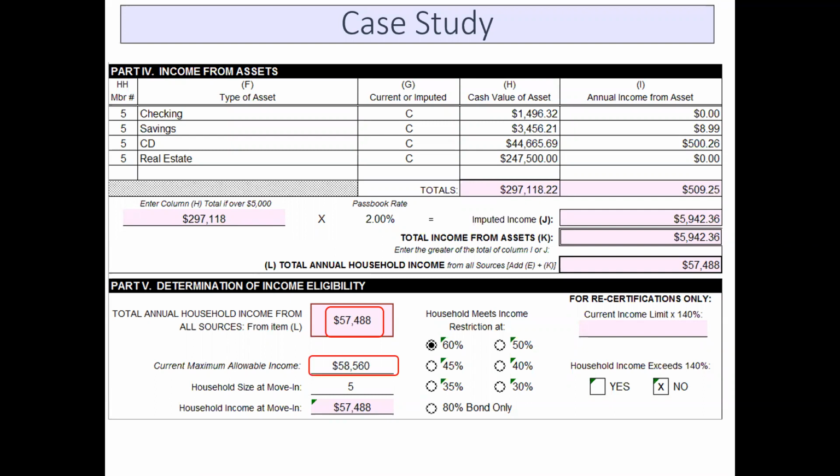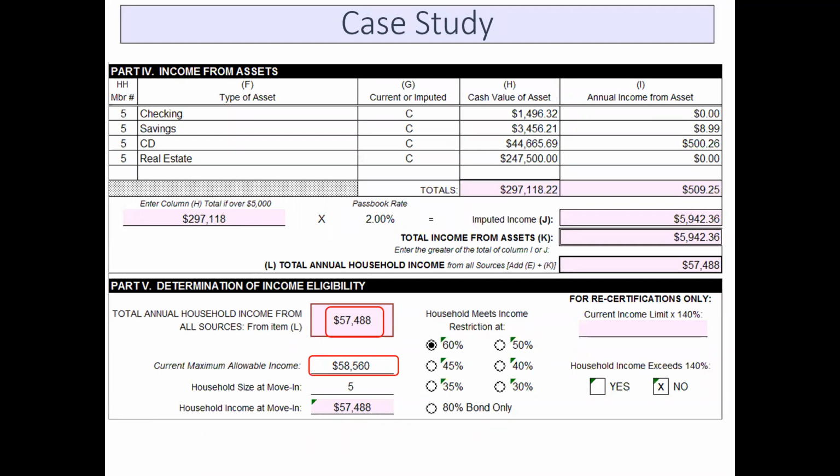And if you did that, you would note that they just qualify under the 60% income level. And so, yay, right? When they were moved in, they did actually qualify. Now we can actually substantiate that rather than just having all these forms in the file with no calculations showing.